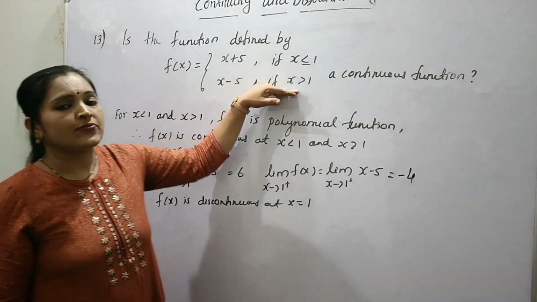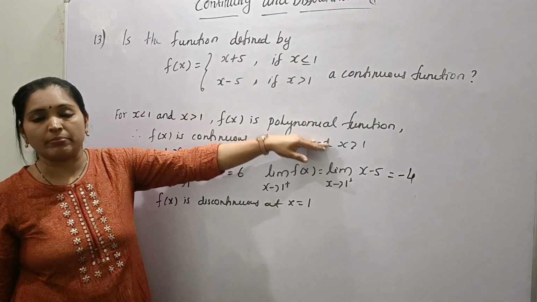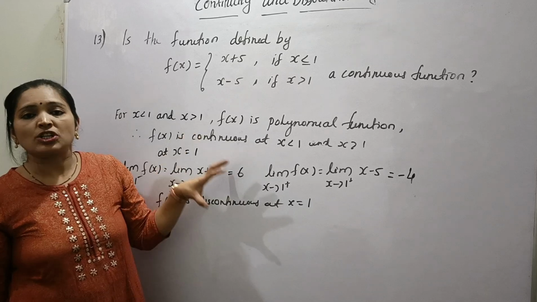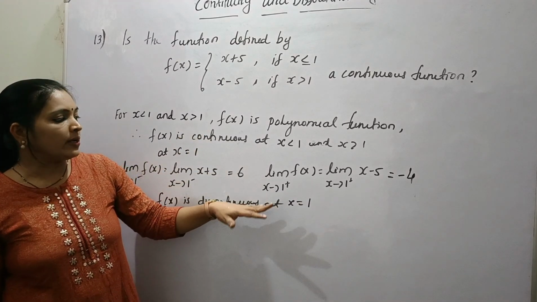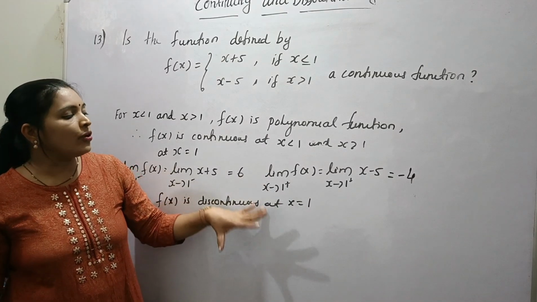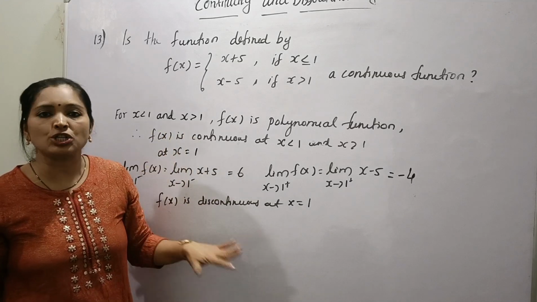Therefore, this function is continuous at x less than 1 and x greater than 1, but not continuous at x is equal to 1. That means this function is not continuous at all the points. So there is a point of discontinuity, therefore we can say this function is not a continuous function.